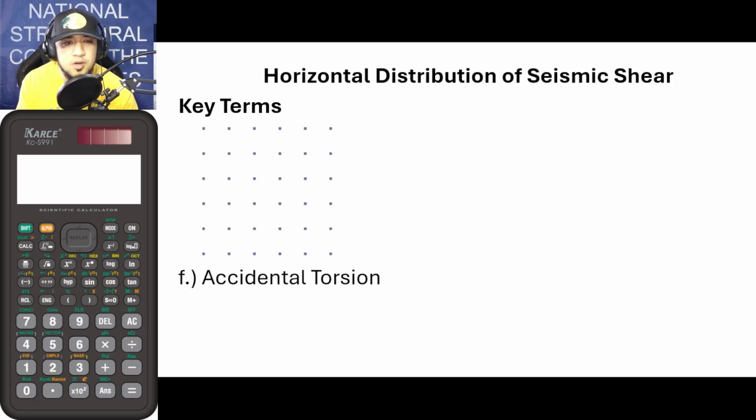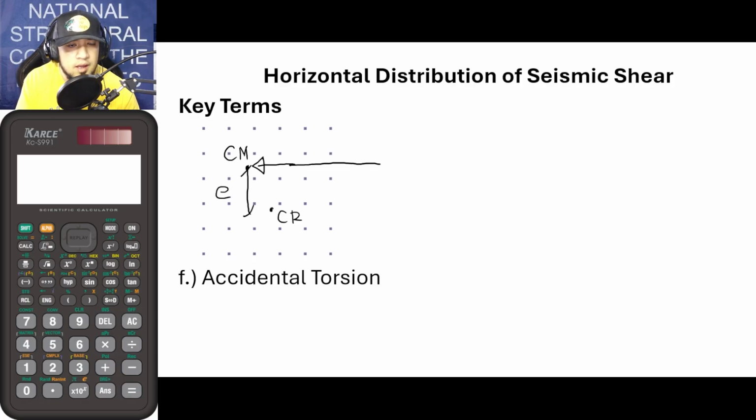For natural torsion, the eccentricity came about from the distance between, once again, this center of mass and this center of rigidity. If this is now the direction of the earthquake, meaning this is now the story shear, then this is now the eccentricity.